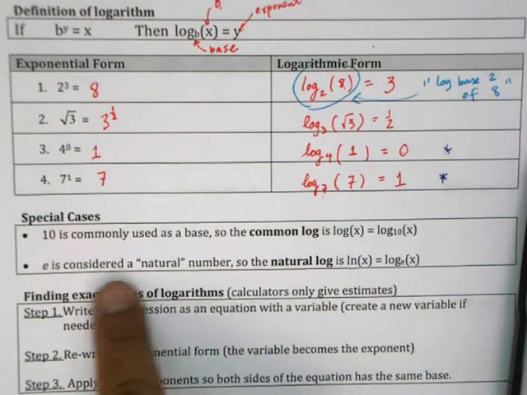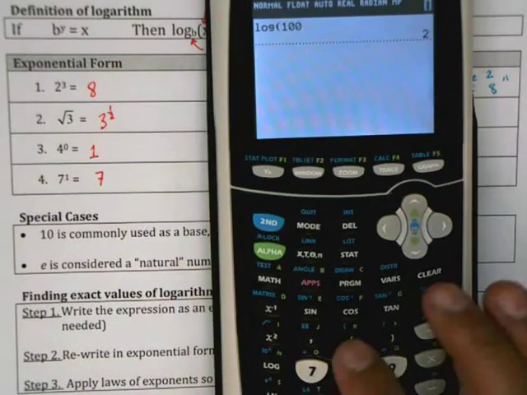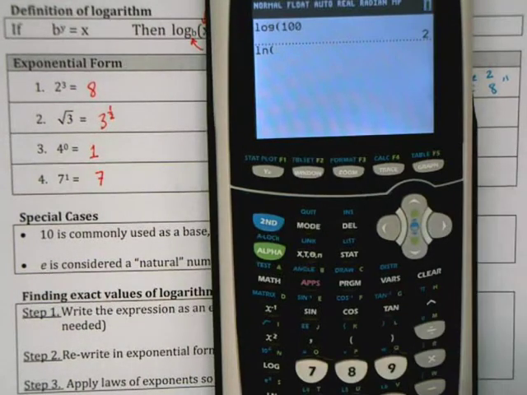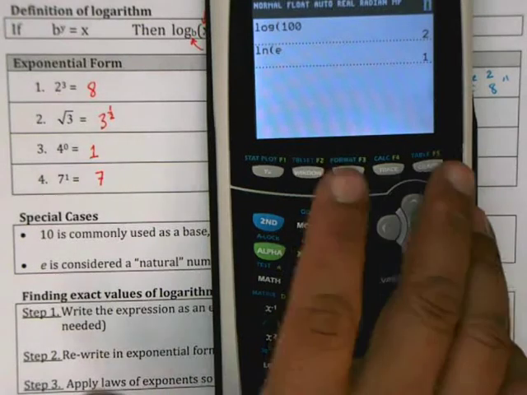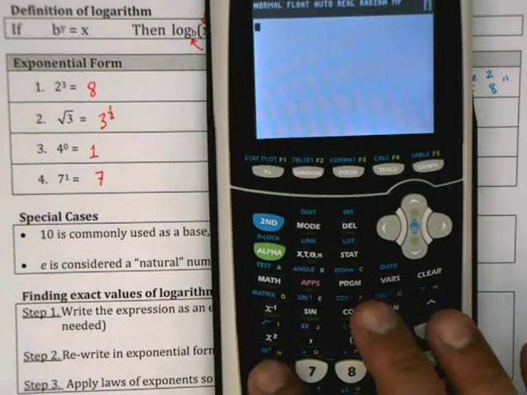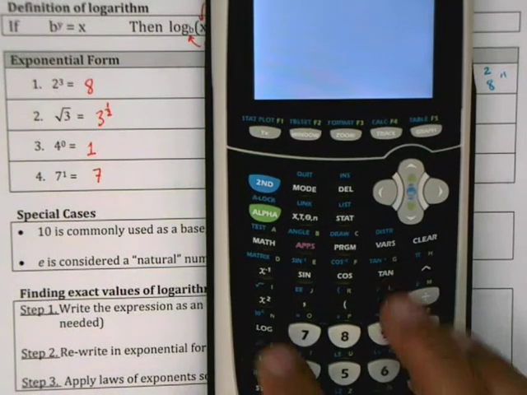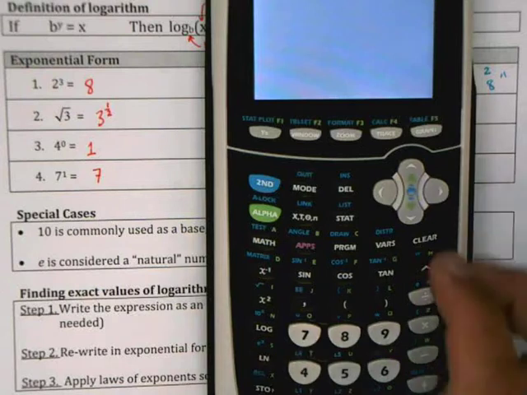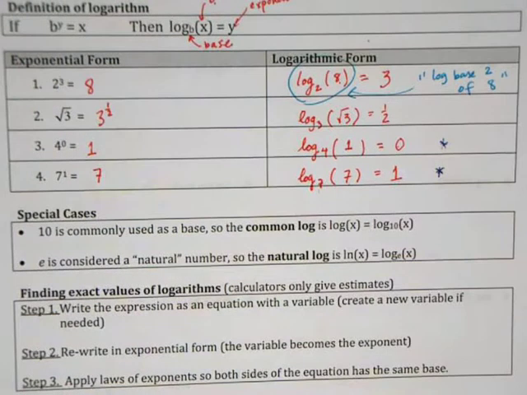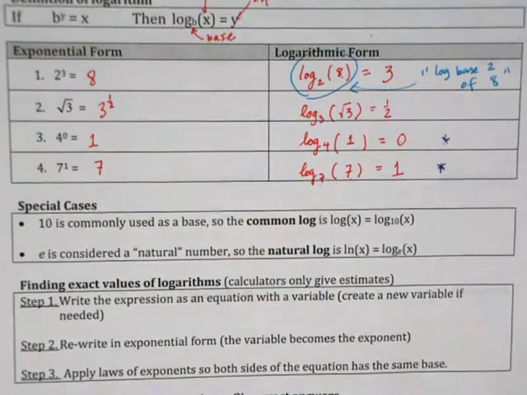And then e is considered a natural number, so the natural log is really log base e. So the natural log of e is 1 because it's log base e. So your calculator comes with logs of two different bases. Log base 10 is also called the common log, and then the natural log, which is log base e. We make those two common cases because they're used very, very frequently.